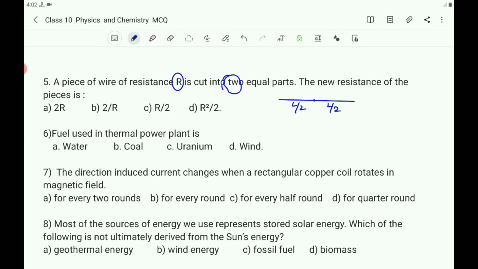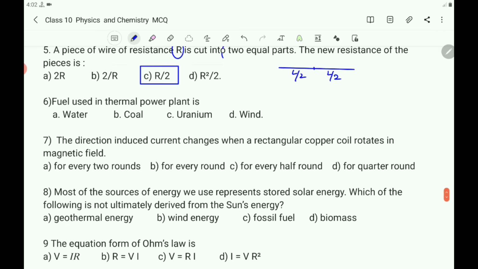As the length of the conductor increases, resistance also increases. As the length decreases, resistance also decreases. Each part has length L by 2, so the resistance is also R by 2. That is option C. C is the answer.